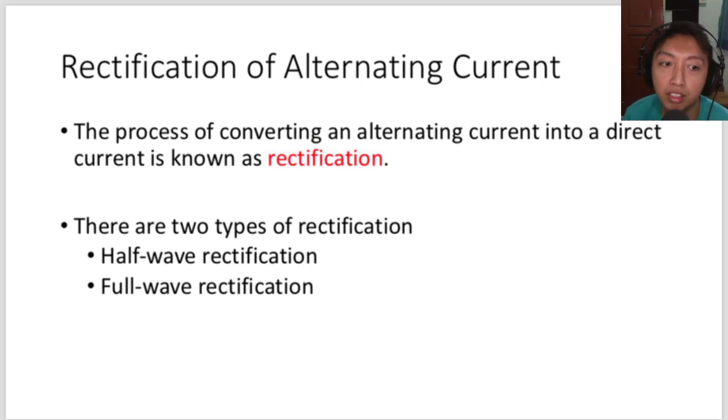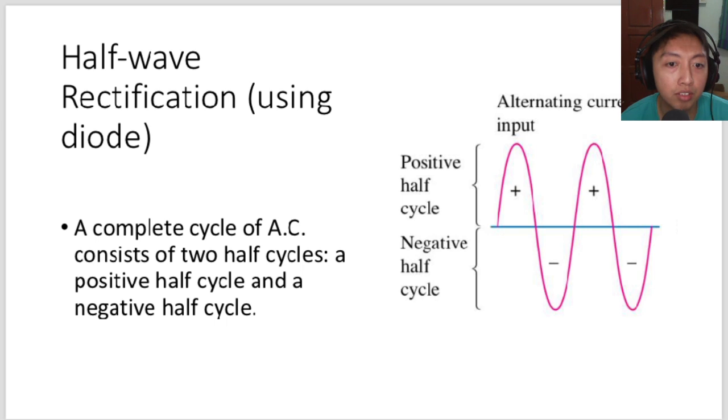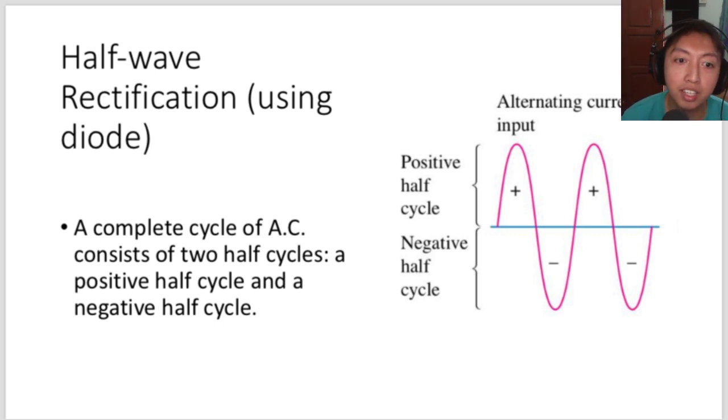There are two types of rectification, known as half-wave rectification and full-wave rectification. The words half-wave and full-wave come from the shape of the current. If we were to take an AC current and put it into a cathode ray oscilloscope, a machine that shows us the current, what you'll see is that there are two half cycles, a positive cycle and a negative cycle.